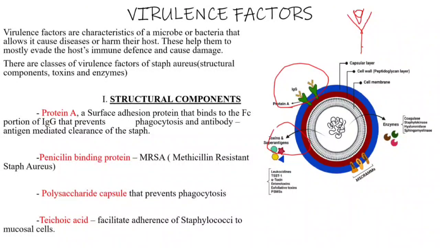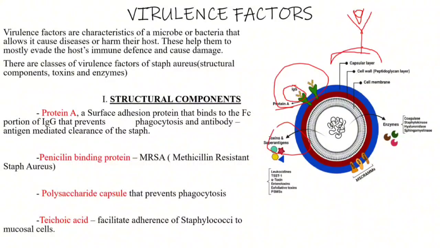And then the phagocytic cell binds to the Fc region to help it engulf the bacteria. But over here we see that protein A is binding to the Fc portion of the IgG, so it hinders the function of the IgG, that is the opsonization, and prevents phagocytosis and antibody antigen mediated clearance of the staph species.